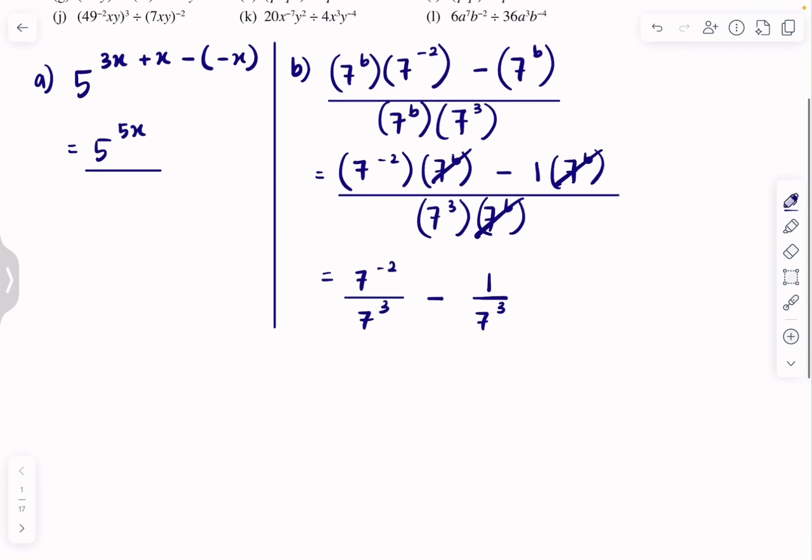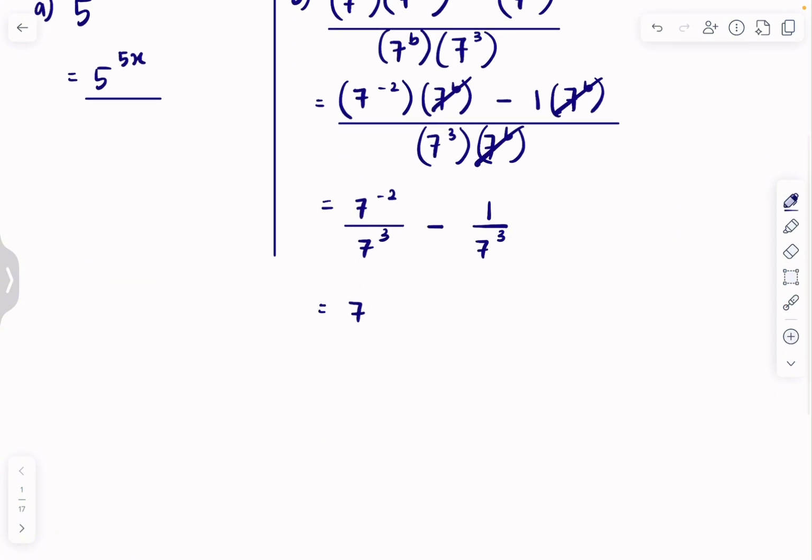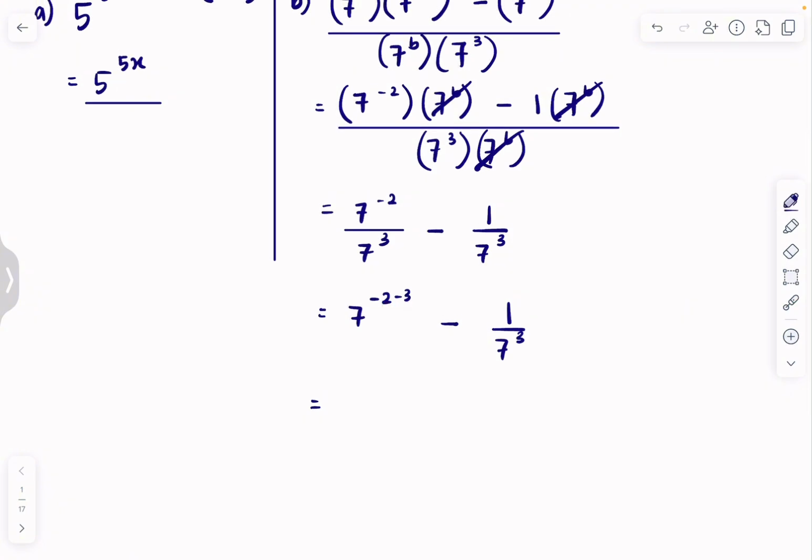Next, this one has the same base, so we can do something to the power. If divide, it will become minus. So we can say 7 power negative 2 minus 3, minus 1 over 7 cube. Negative 2 minus 3 is negative 5, so this is 7 power negative 5.